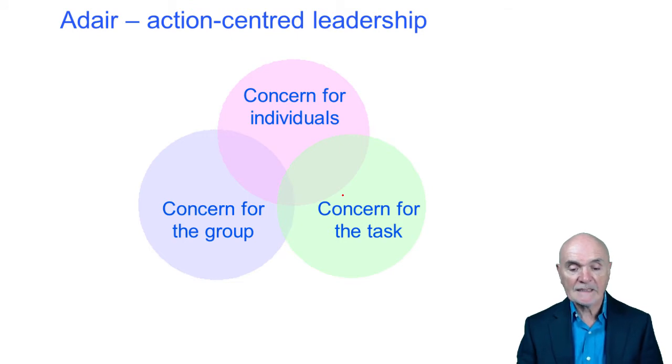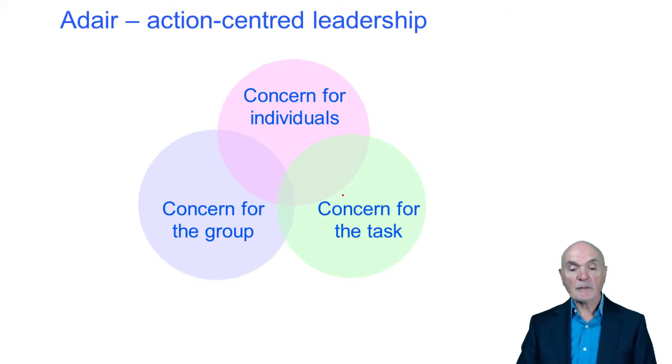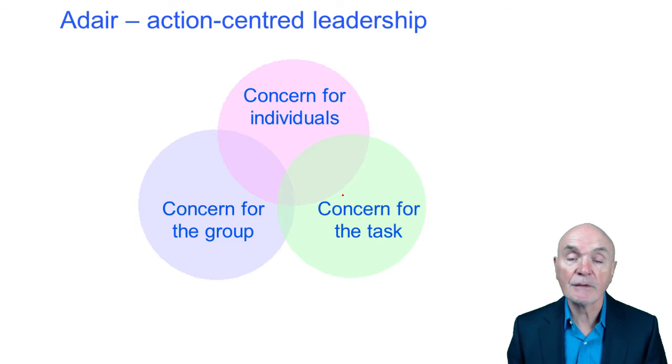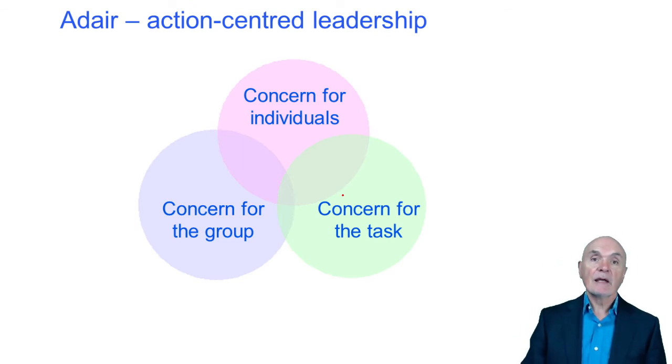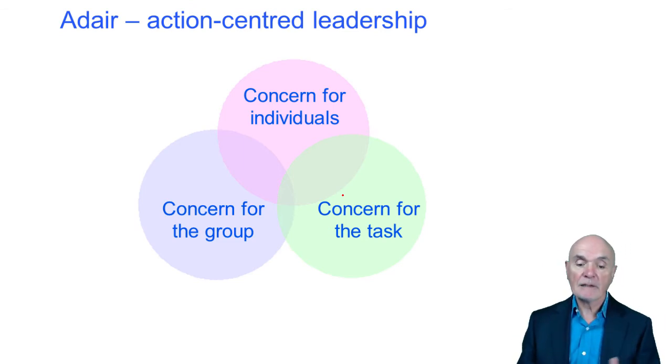So if we start with Adair, Adair is associated with action-centered leadership, and good leadership again means splitting your time a little bit. You have to show concern for the task and concern for the individuals. That to some extent was captured on Blake and Mouton's grid, but also you have to show concern for the group. So you're kind of dividing your effort between these three.